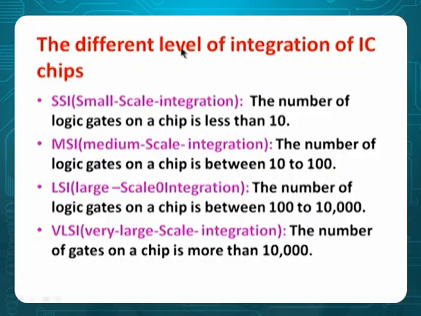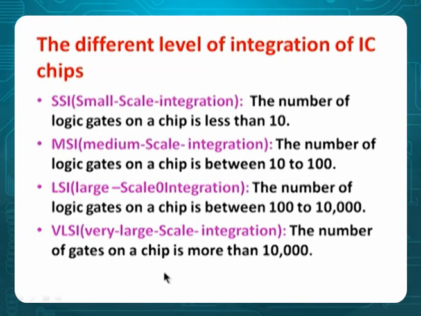The different levels of integration of ICs. SSI means small scale integration, 0 to 10 logic gates in that particular chip. MSI means medium scale integration, 10 to 100. LSI means large scale integration, 100 to 10,000.